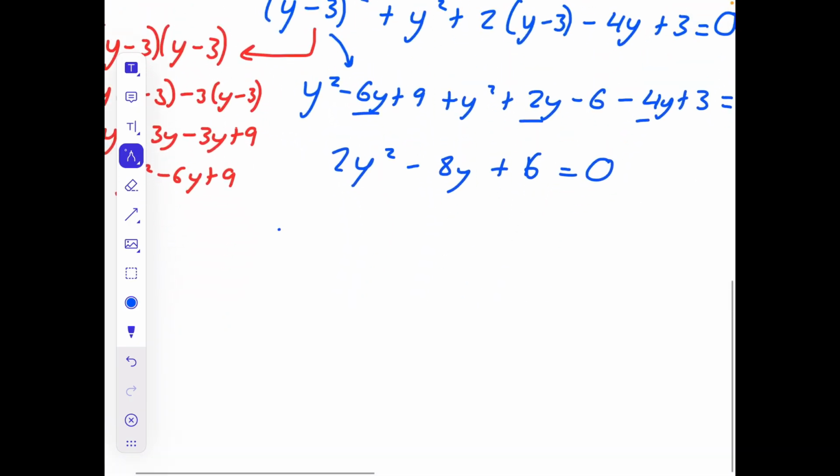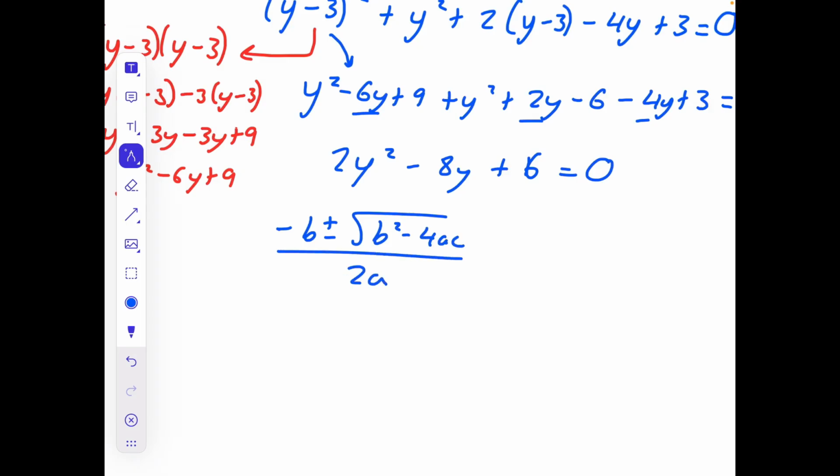I'm going to do the minus b formula here. So very quickly I'm going to write it down. Okay, a is always the number in front of the squared, so a is equal to 2. b is the number in front of the variable with no power, so it'll be minus 8, and c is the constant.